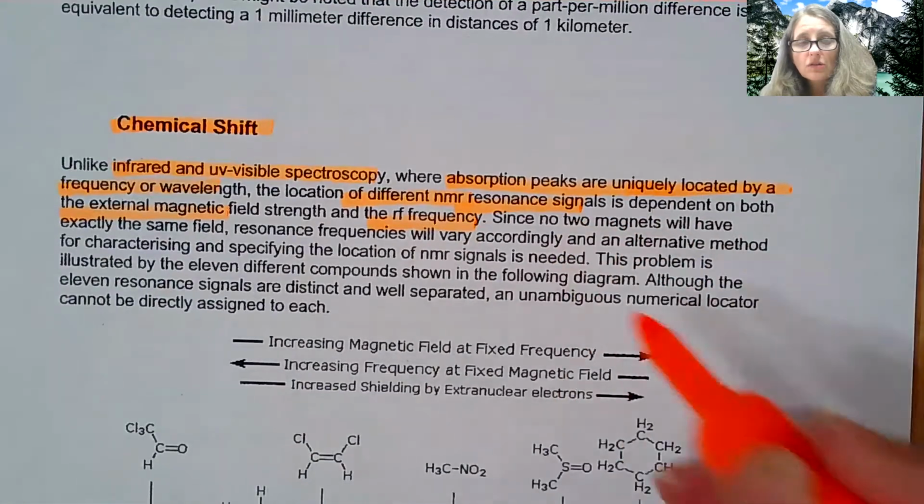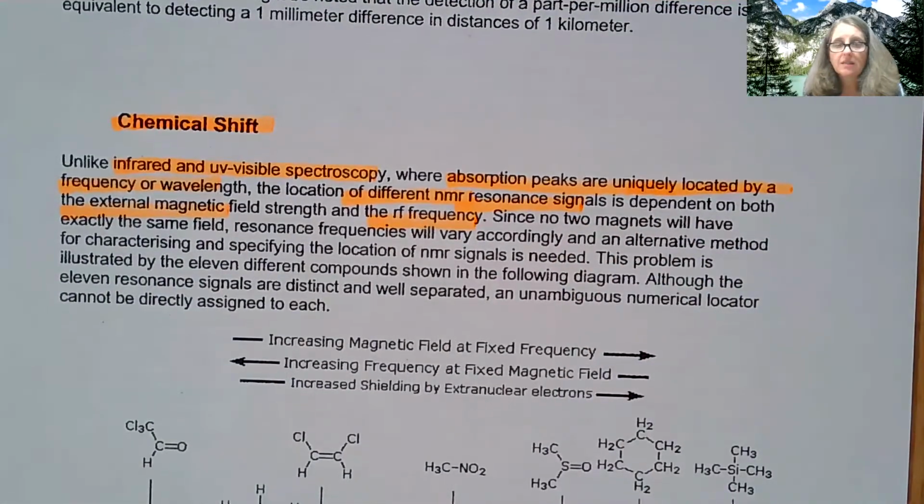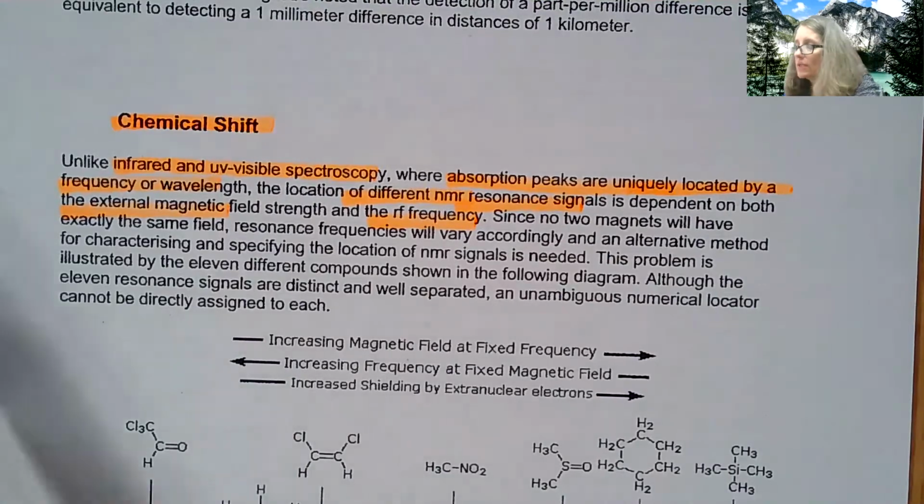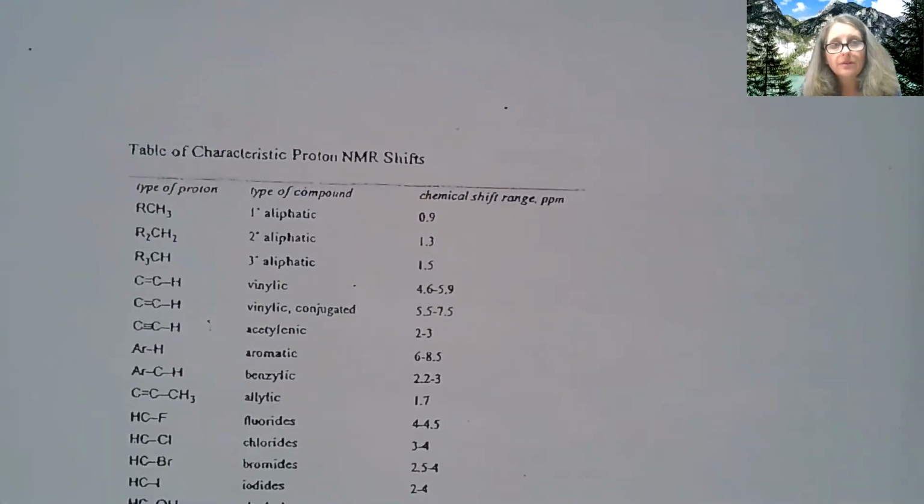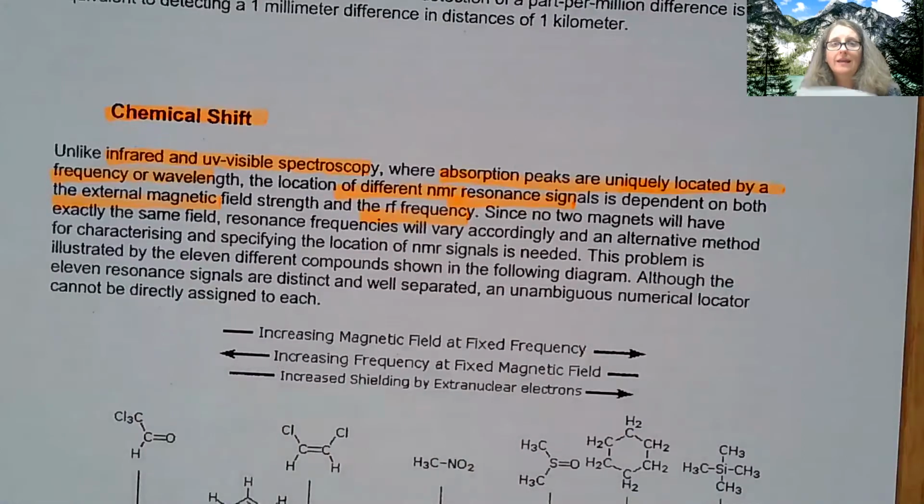So the issue you have with NMR, and this is what drives students crazy, is there are certain places where certain hydrogens are going to behave in an NMR, but these are not hard and fast rules. So it's not like a C double bond O in an IR is always in the 1700s. Here, things might be different depending upon what the magnetic field is or what the organic molecule happens to be, okay?